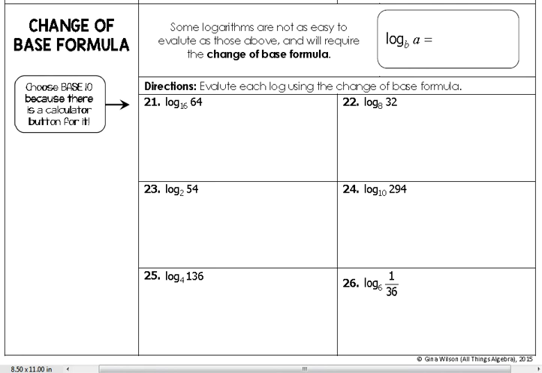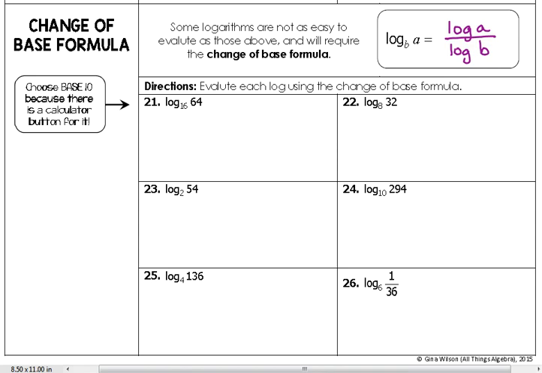What it says is you've got log base b of a, that is equal to the log of a divided by the log of b. That's how you can evaluate on your calculator. So the base, the subscript, the part on the bottom goes on the bottom. That's how I remember the order of it.